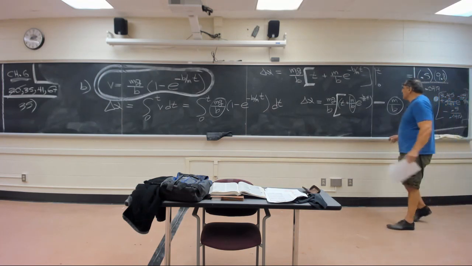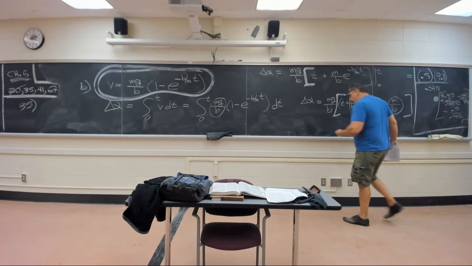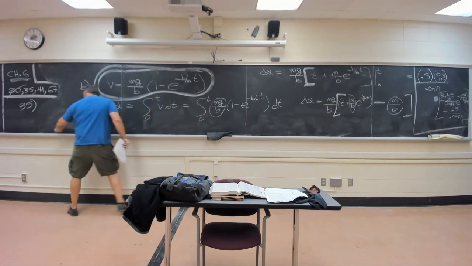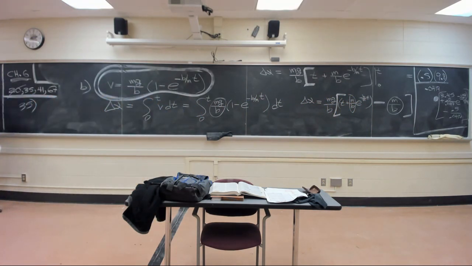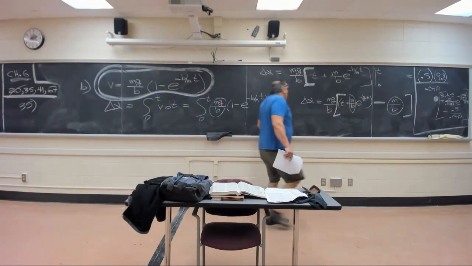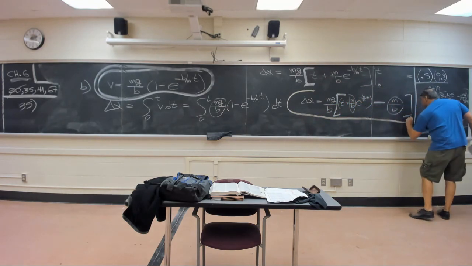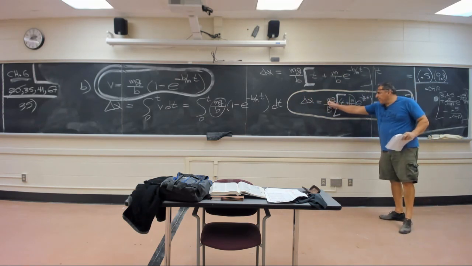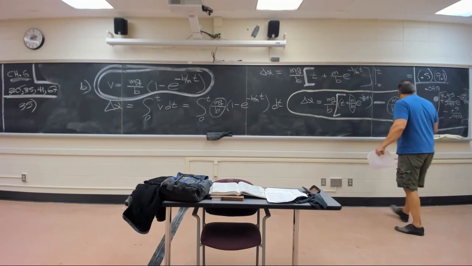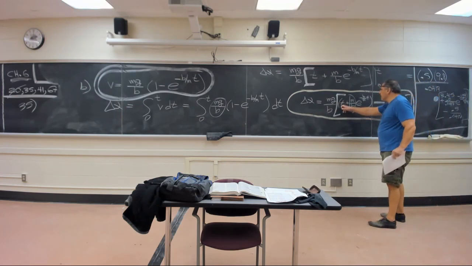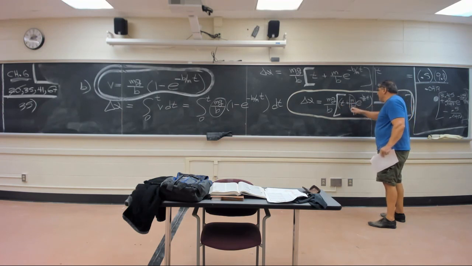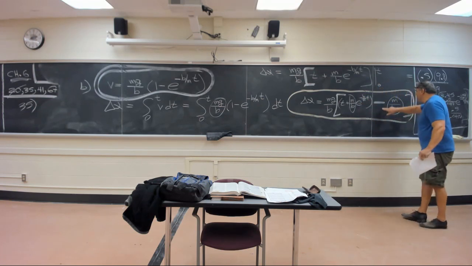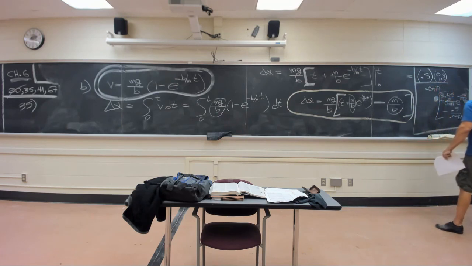Here's the big thing, guys. Once you've done this and you've brought it to here, plug in 0.5, 9.8, 0.0417, 3.45, 0.5, 0.0417, e to the negative 0.0417 over 0.5 times 3.45 minus 0.5 over 0.0417.